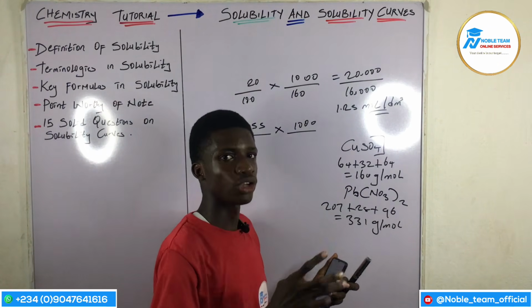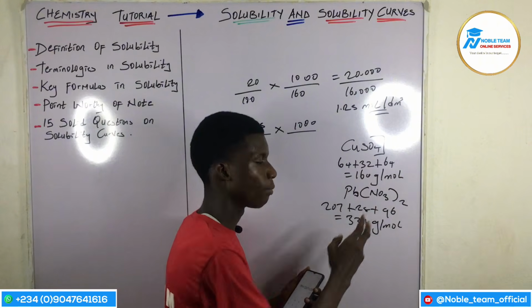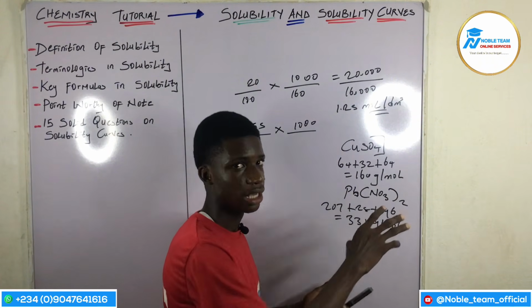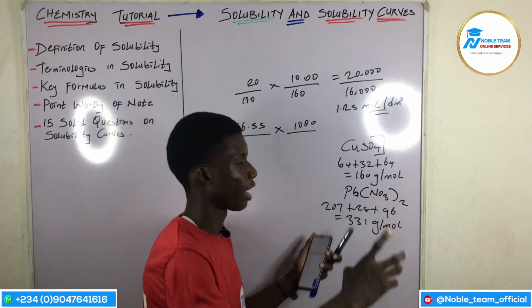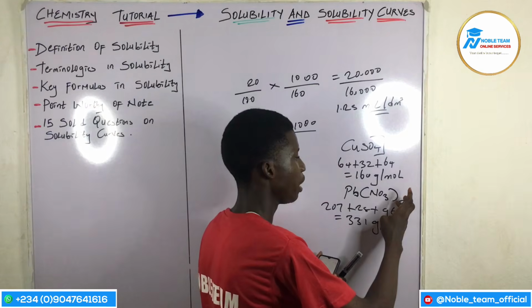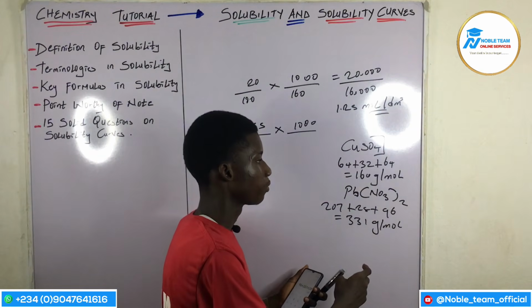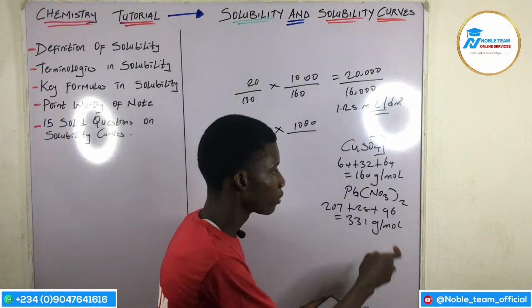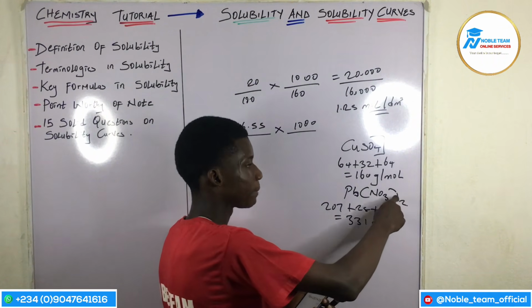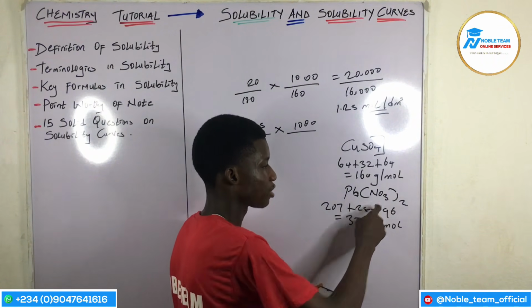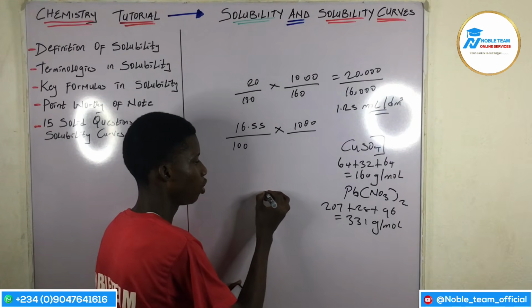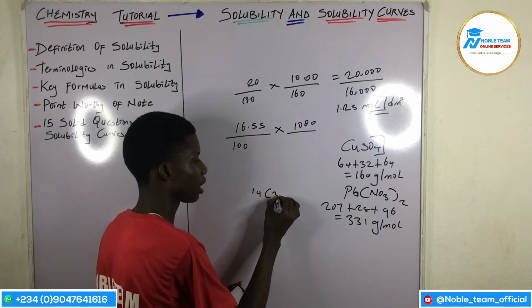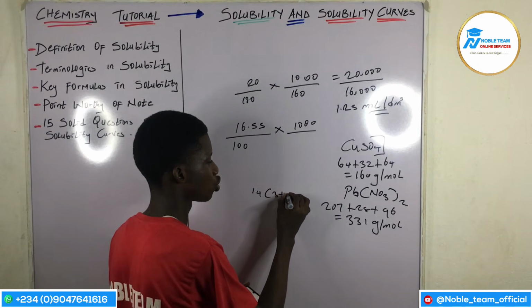Now, let me just throw more light on this particular molar mass. Imagine you have a compound that has a bracket, and you have a number as a subscript outside it. This particular 2 is going to multiply everything in this bracket. Imagine I have 14, and I also have 3, and I also have plus 2.